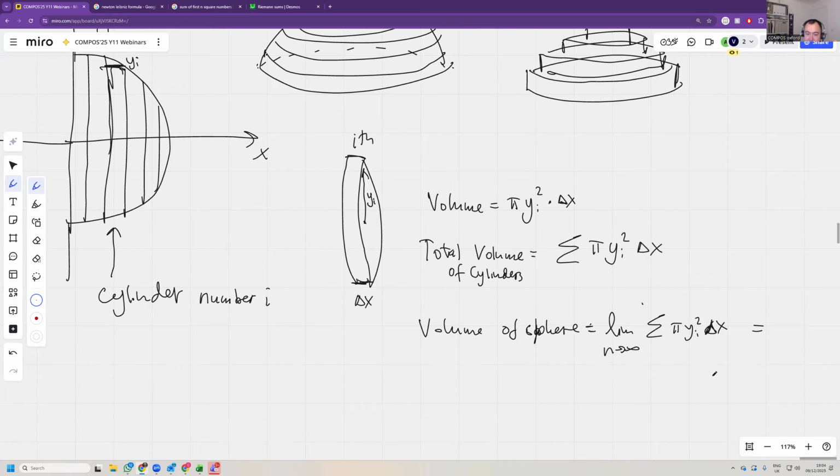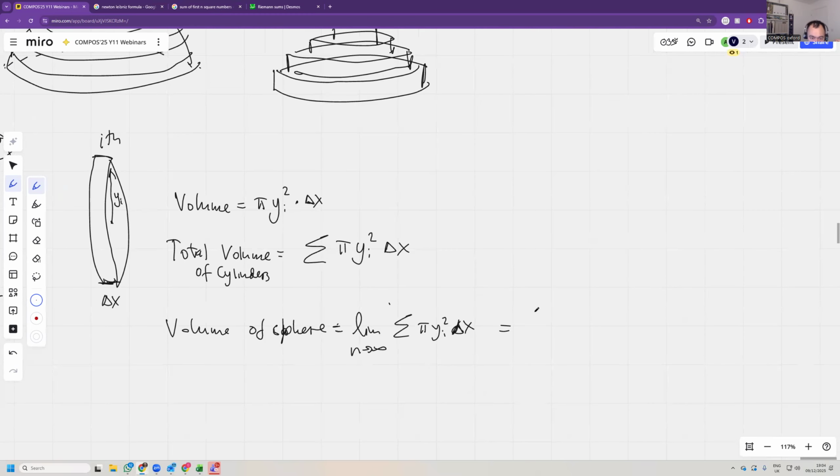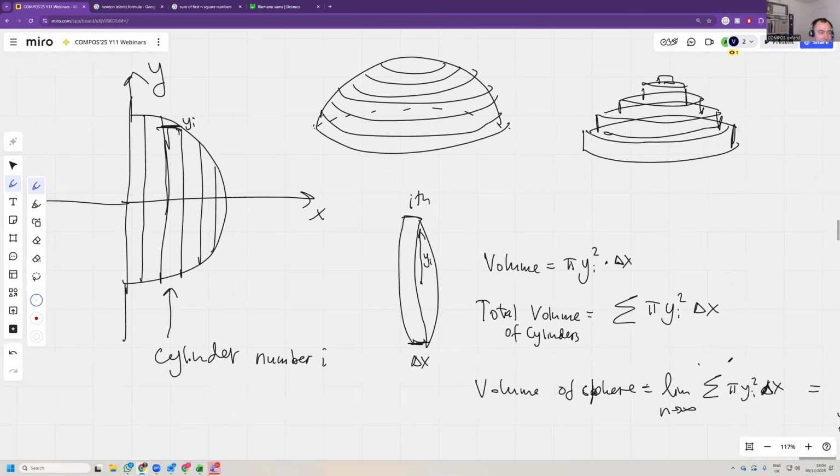And that limit is in fact the integral from 0 to r, because that's the biggest value on x. So this is r, and this is r. And for the curve, if you know the equation of a circle, x squared plus y squared equals r squared, that means y is the square root of r squared minus x squared.